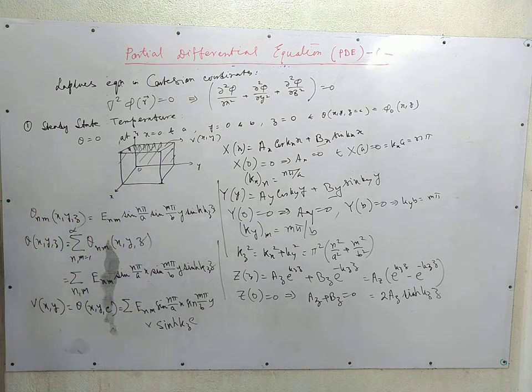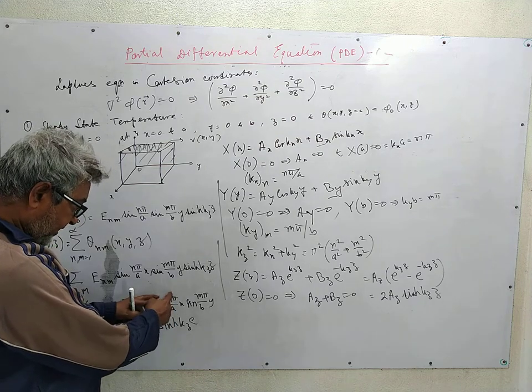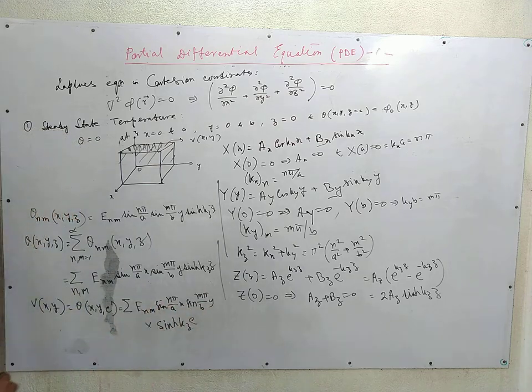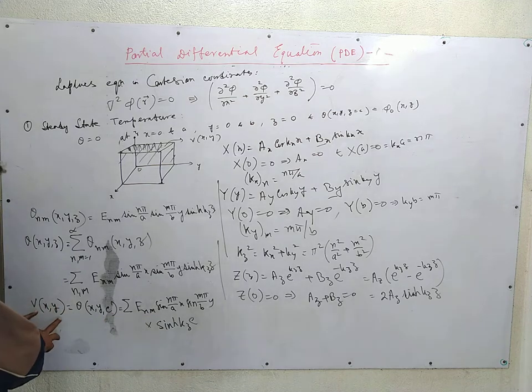Now this is a double Fourier series, and we can multiply this one with sine of n prime and this with sine of m prime and evaluate E n m in terms of V x y. This is an example of the solution of Laplace's equation in 3D.